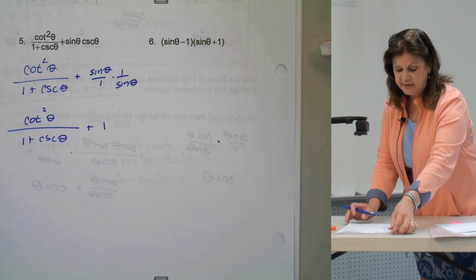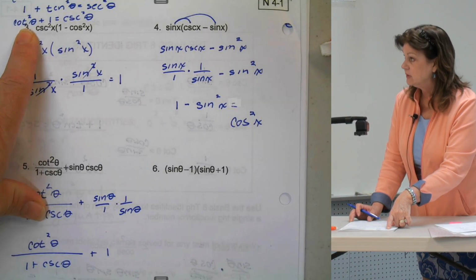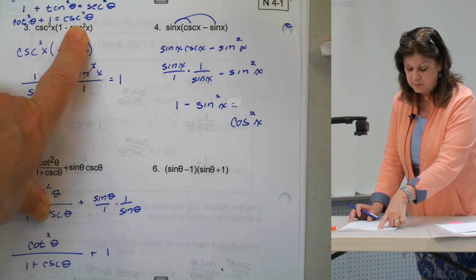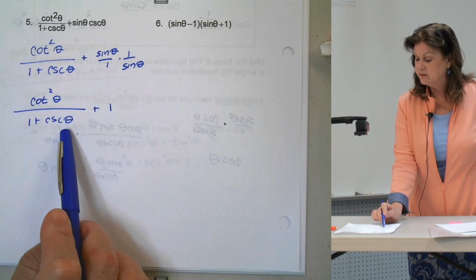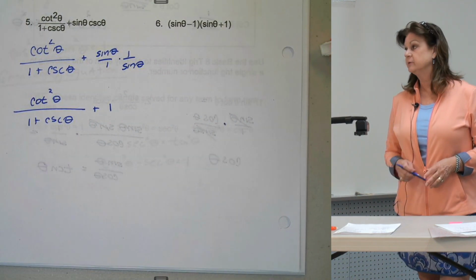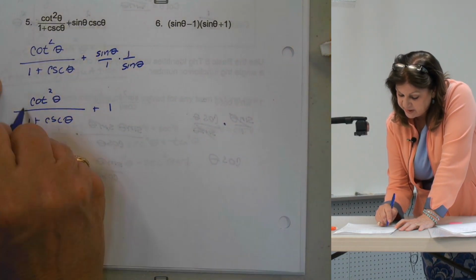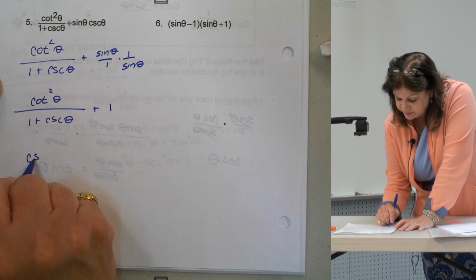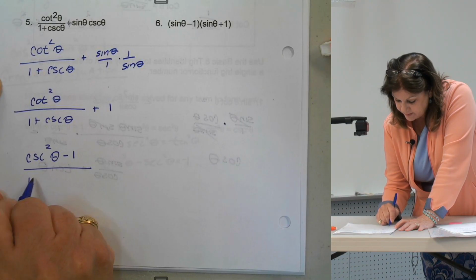So if I run back up to the top here, I know that cotangent squared theta can be written as cosecant squared theta minus 1. Well, think about that for a second. If we introduce cosecant squared theta minus 1, now we've got the same terms in the numerator and the denominator. So this may make our life easier. Let's see if it does. So I'm going to change cotangent squared theta to cosecant squared theta minus 1.